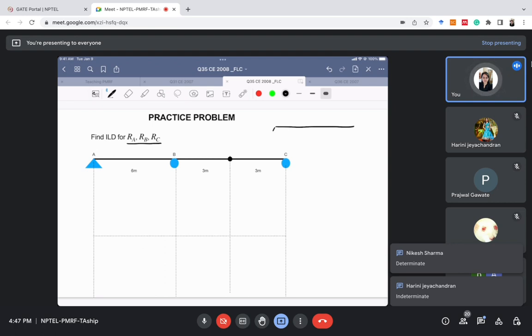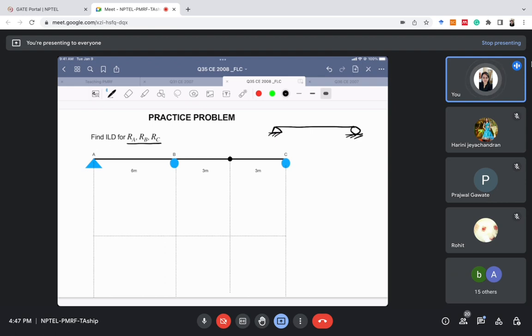Why is it determinate? Just quickly we can see that. This beam is simply supported and it is determinate. We know that, right? If we add one more restraint, it will become indeterminate by 1 degree, because till now the degree of indeterminacy was 0 when it was simply supported.